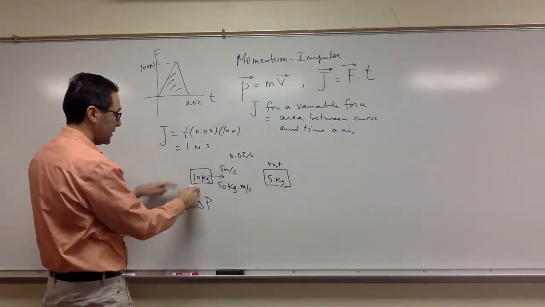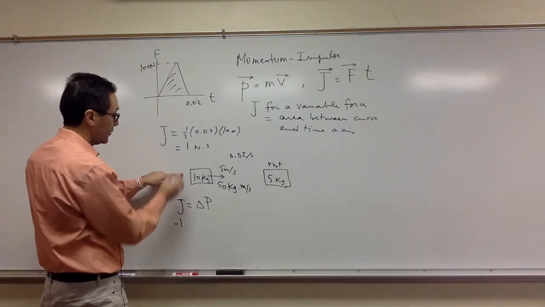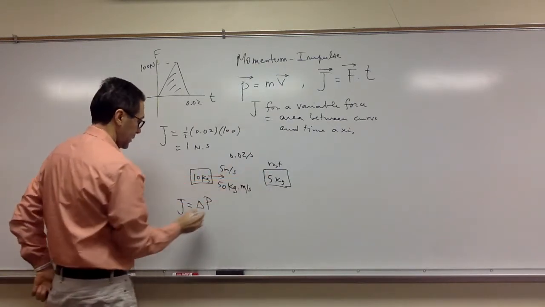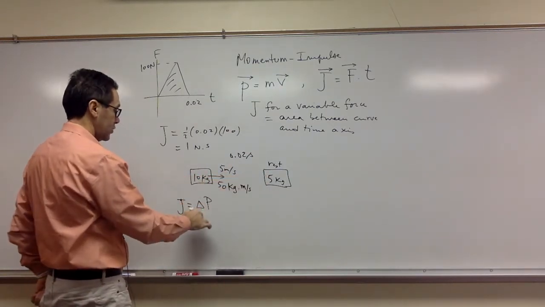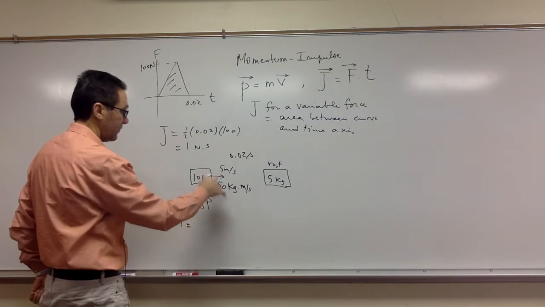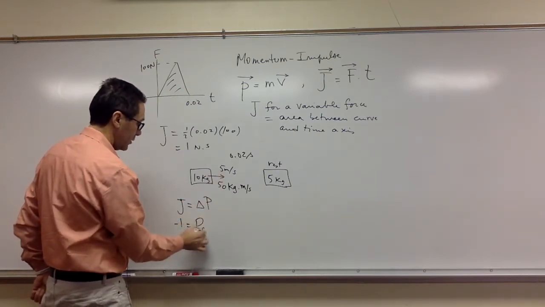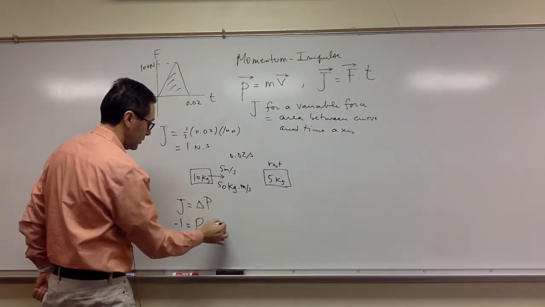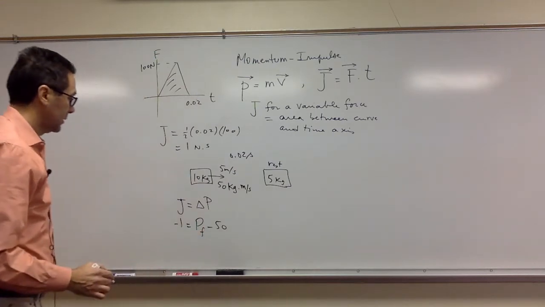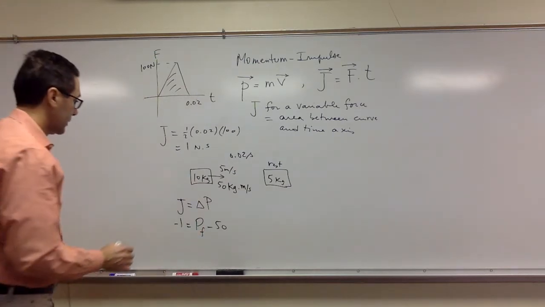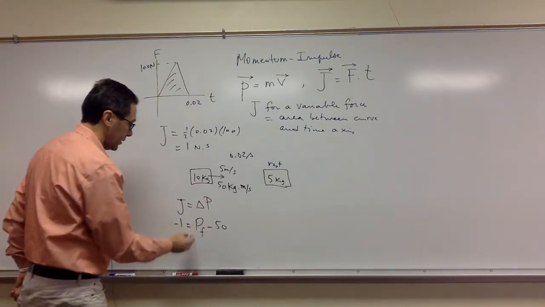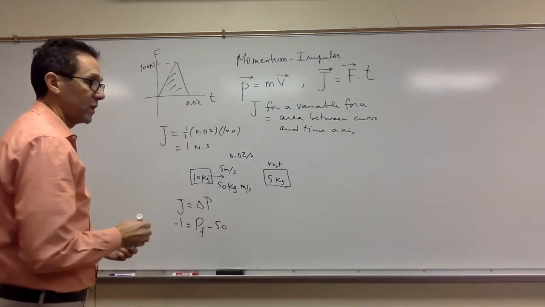So J for this guy is -1. It's not 1. For this one, it's 1. Equals the change in momentum. Well, the final momentum is what I don't know, minus its initial momentum, which is 50. So I have to subtract that. If I do the math correctly here, the final momentum should be 49.